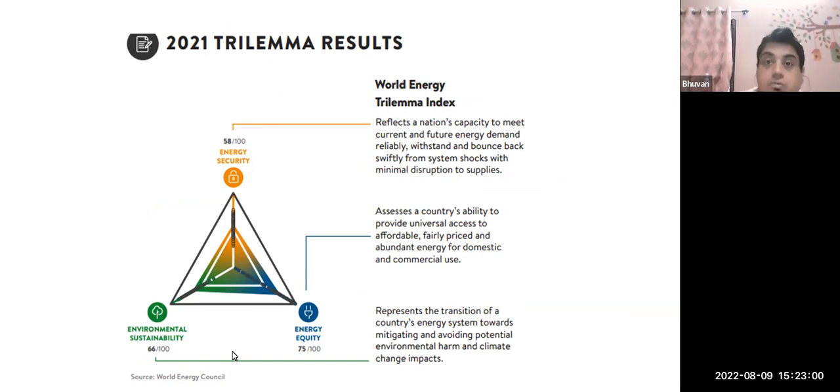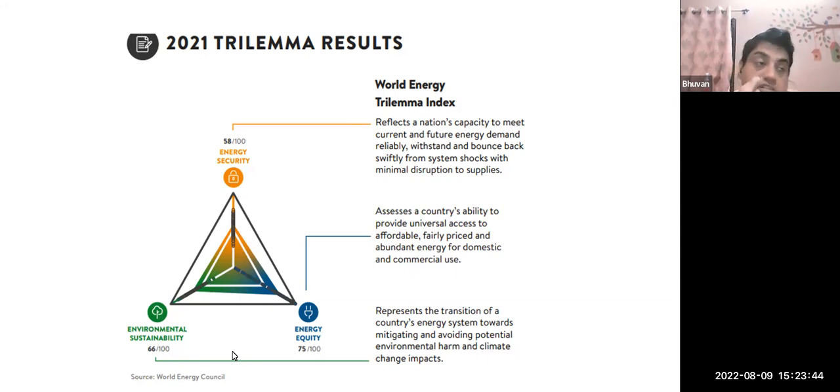If we talk about the world scenario, in the case of energy security, the world has scored 58 out of 100. That is the score of the various nations performing on this energy trilemma index, and it reflects a nation's capacity to meet current and future energy demands reliably, and withstand and bounce back swiftly from systemic shocks with minimum disruption to supplies.